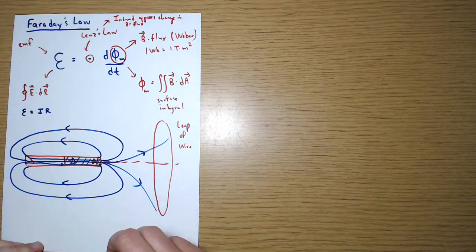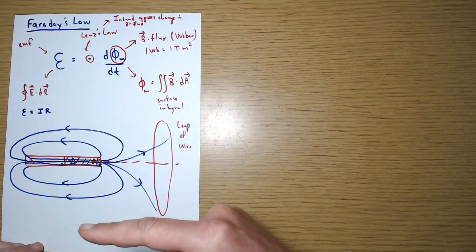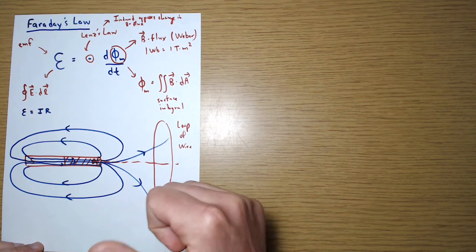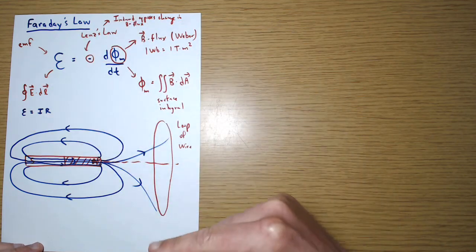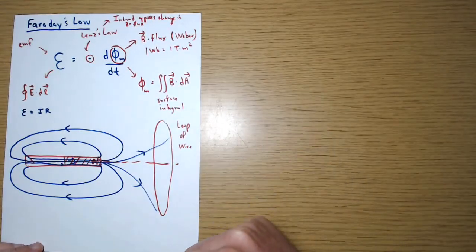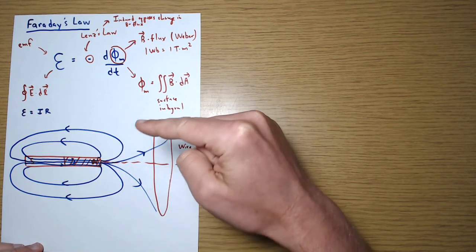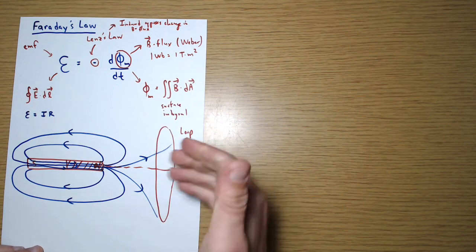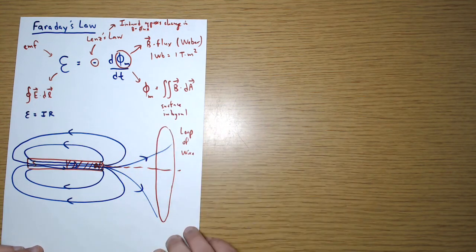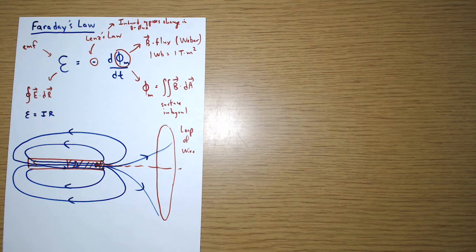So if I have a magnetic flux which is increasing to the right, the loop of wire wants to decrease the flux through it. The way it can decrease the flux is by generating its own magnetic field to the left. The way it can generate a field to the left is by causing a current to flow around the loop like this. Because then inside the loop, using the right-hand rule, taking my thumb in the direction of the current, the field inside the loop points to the left, and that kind of cancels the magnetic field out.